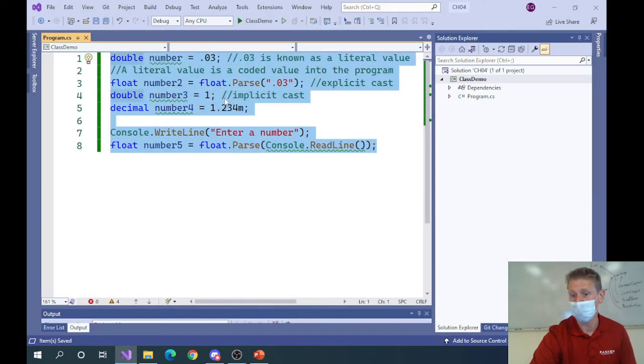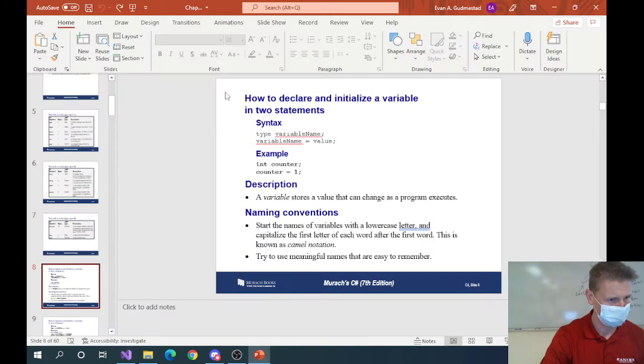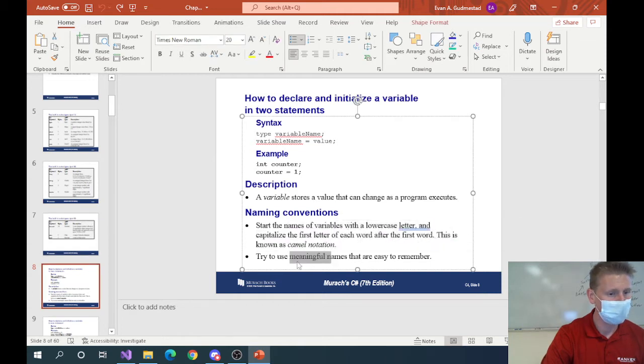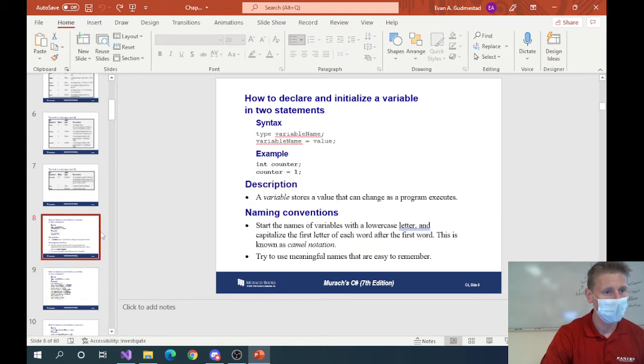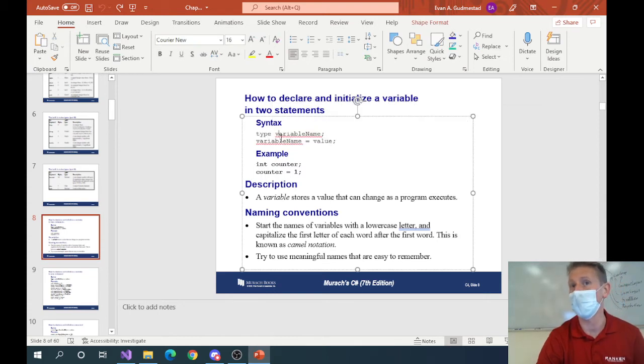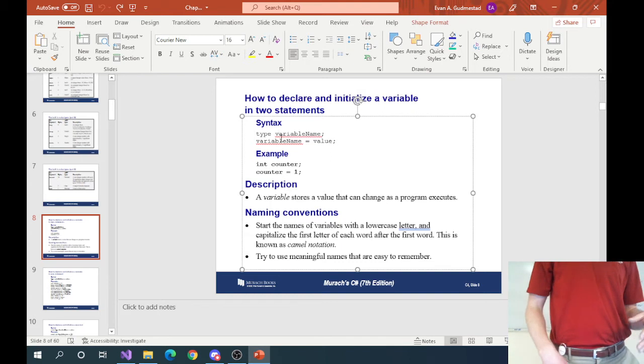All good stuff. Camel notation, meaningful names. Everyone was doing this on their test yesterday. What's the other one?